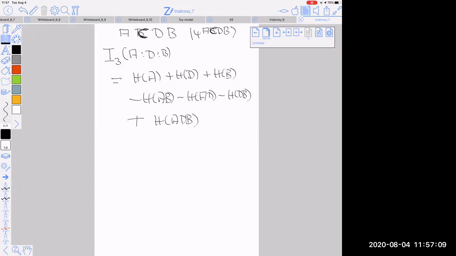And it is the same as I3 of ACB. So it's a highly symmetric expression, symmetric under the permutation group in 4 parties essentially. And it's like the inclusion-exclusion principle: 1 particle goes in, 2 particles go out, 3 particles go in. So it has this mathematical symmetry structure, which is amazing, right?